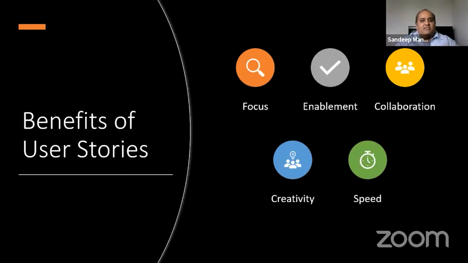User stories help in enabling people because they are easy to explain and easy to understand. Developers find them easy to understand and can convey the same thing when they go out of the workplace and talk with somebody else as well.